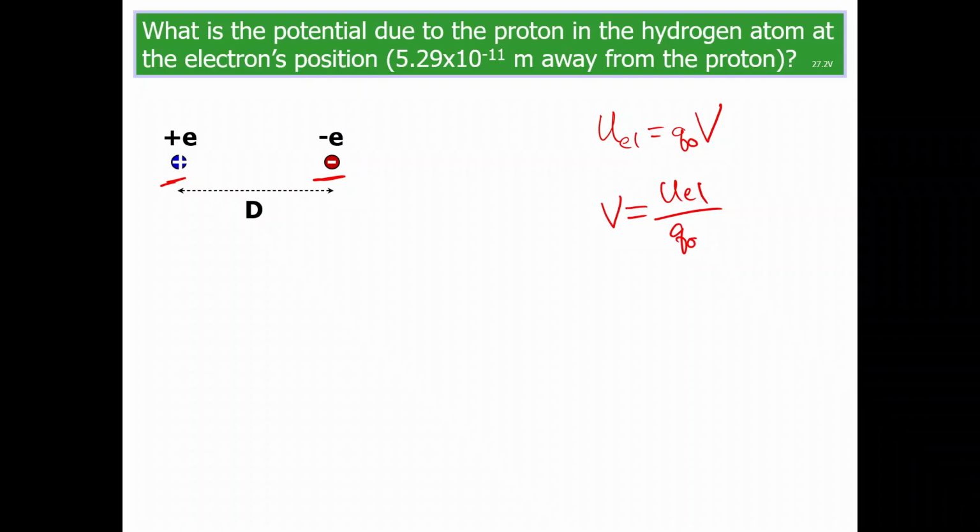I think those are the same equation. I don't remember exactly which one's on the formula sheet. But we could use that relationship because we had actually already found our electric potential energy. And then Q0 would be the electron. So this one would actually be Q0, and then we're treating our proton as our source charge Q. So we could actually do that version and get the answer.